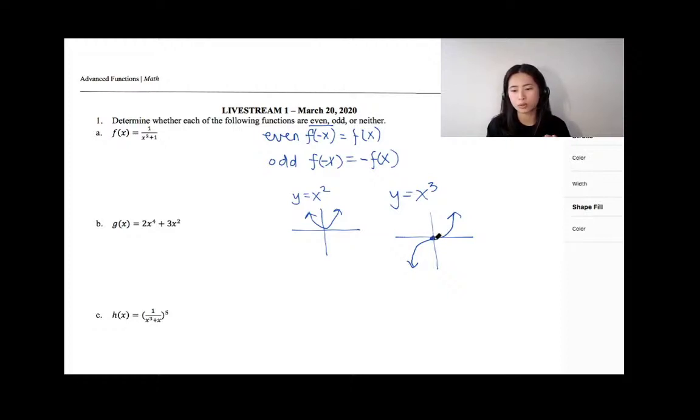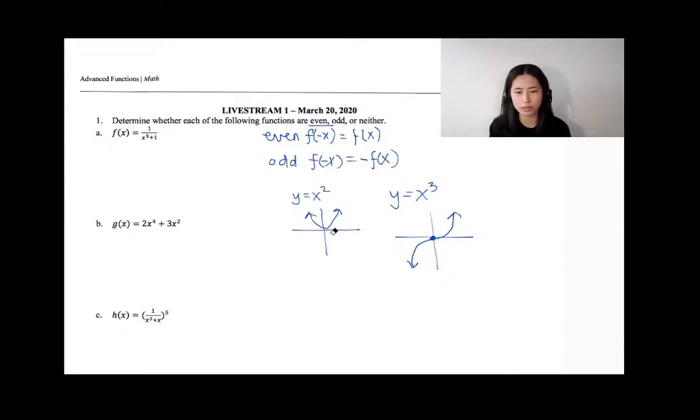So when you rotate this 180 degrees, from here until here, you're going to see that your function remains unchanged. So that's the difference between even and odd functions. And that's why you have this positive sign right here versus the negative sign right here.